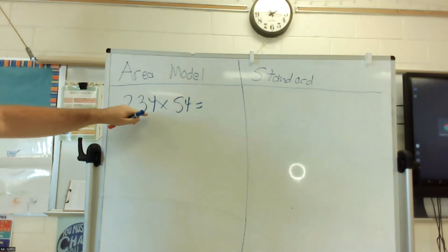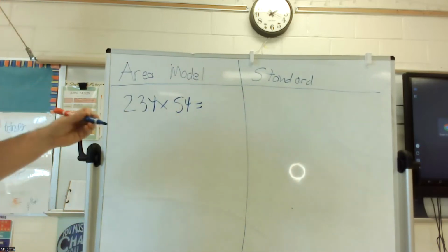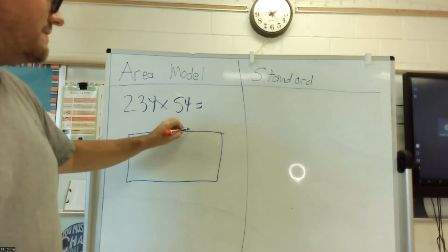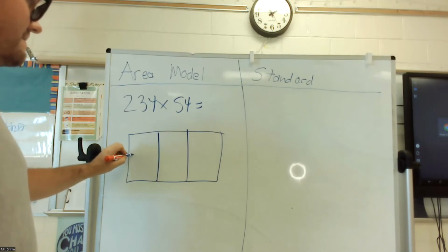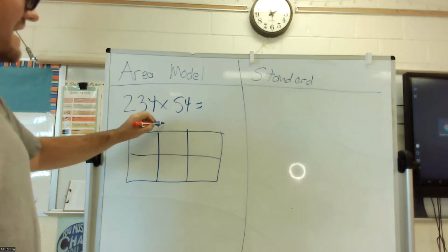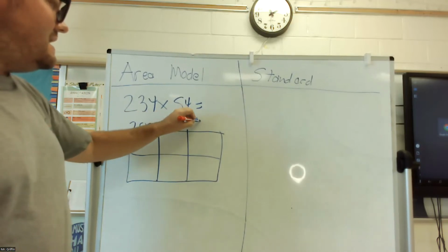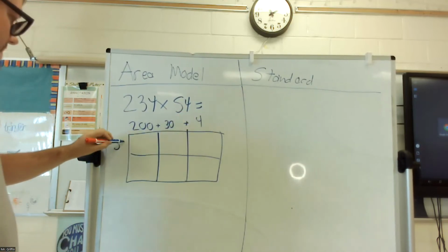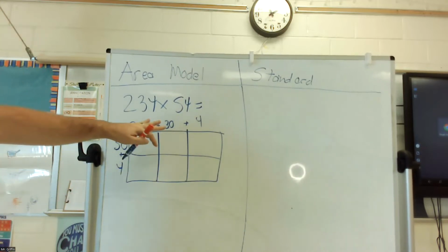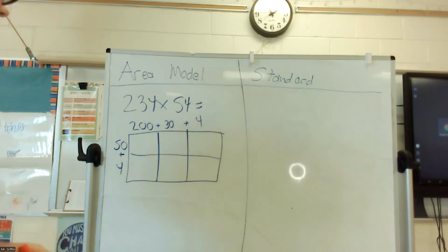Okay, since it's a 3 by 2 digit number, I'm going to make my box 3 by 2. And remember, you're writing both factors in expanded form. That's very important. So now I have my numbers all prepared, ready to go.